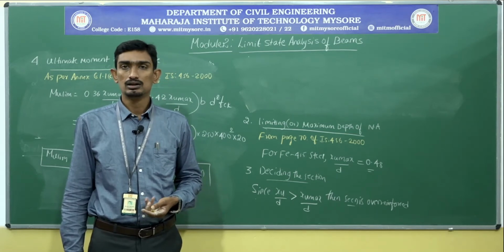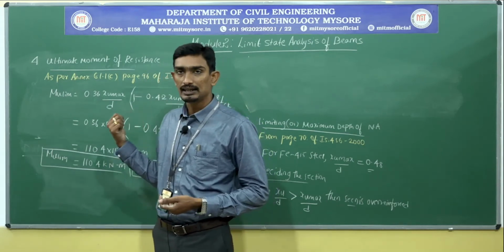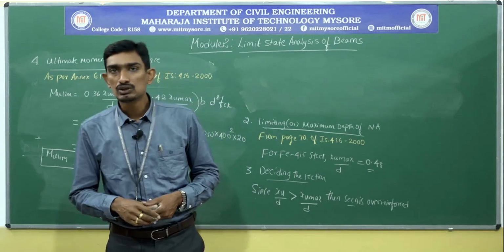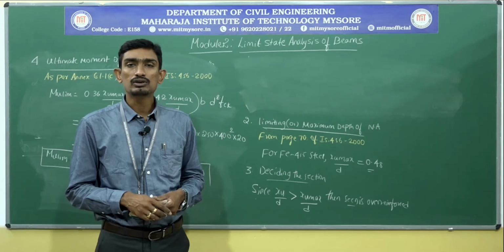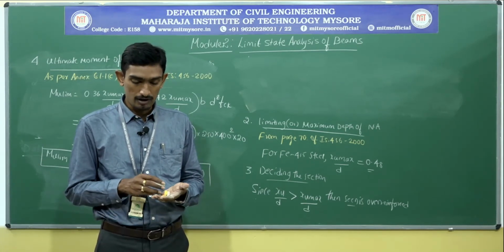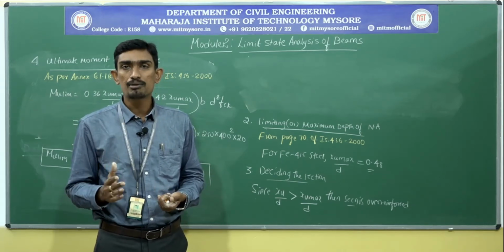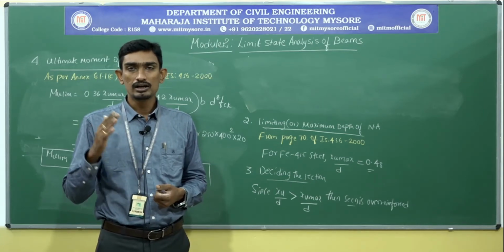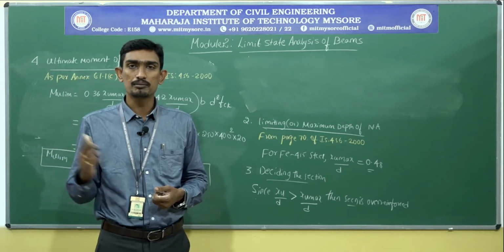I will repeat: instead of using Annex G 1.1c as per IS 456 2000, we can use an alternative formula to calculate Mu lim. That formula will be classified based upon the grade of steel. For Fe250, Mu lim will be 0.148 FCK B D square.